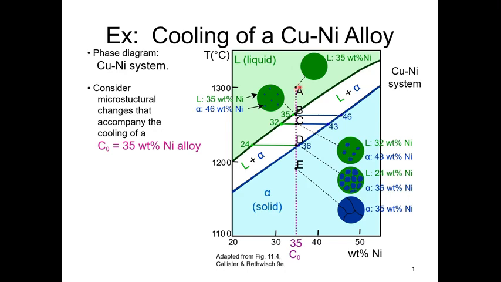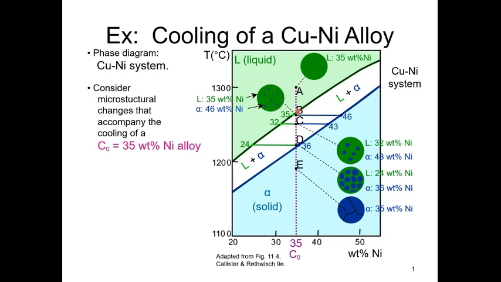For example, at temperature A, you can find purely liquid phase. Liquid phase. See? Everything is liquid. When you go down, at this line here, what do we call this line? This is the liquidus line. It means that at this line, your liquid sample is starting to have some solid.